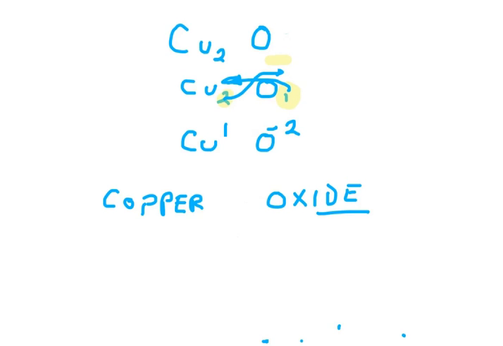And in the middle, because this is a transition metal, we have to write the charge. We know that the charge is actually right here, so we're going to write that as copper 1, in Roman numerals, copper 1 oxide. So this number that is in the middle here is the same as the charge.